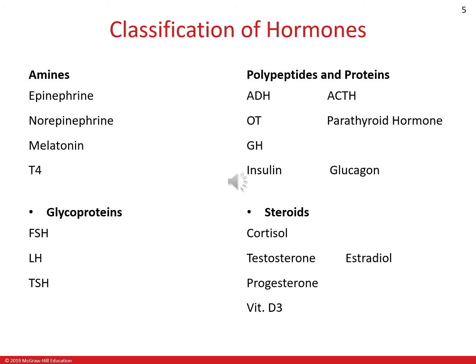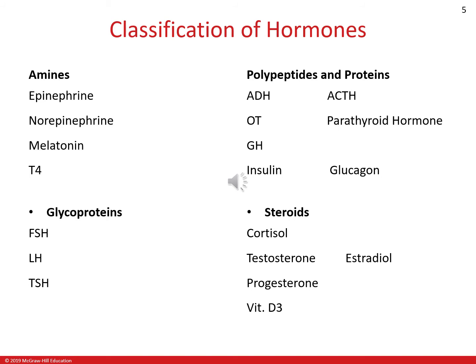ADH and oxytocin are produced in the hypothalamus and stored in vesicles within the posterior pituitary lobe. These are the two samples of neurohormones. Growth hormone is secreted by the anterior pituitary. ACTH is secreted by the anterior pituitary as well, and the target we will refer to later on in more detail.